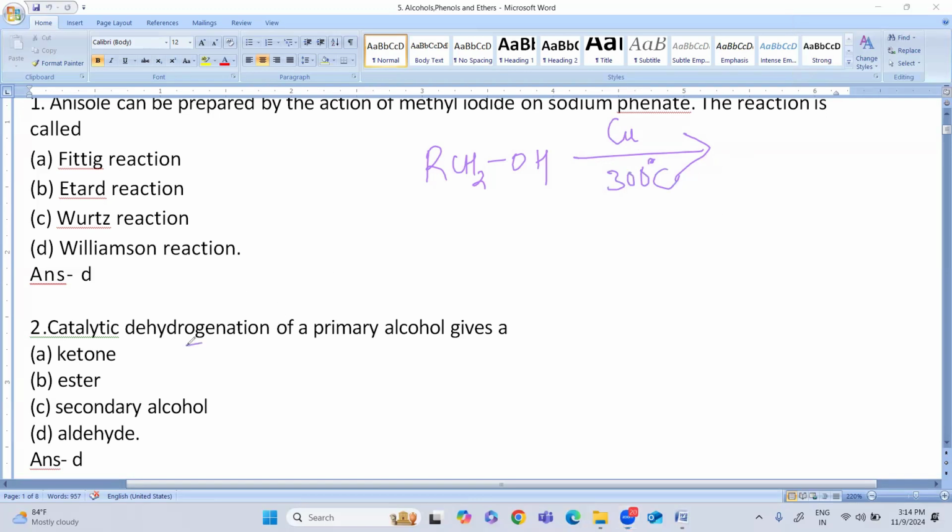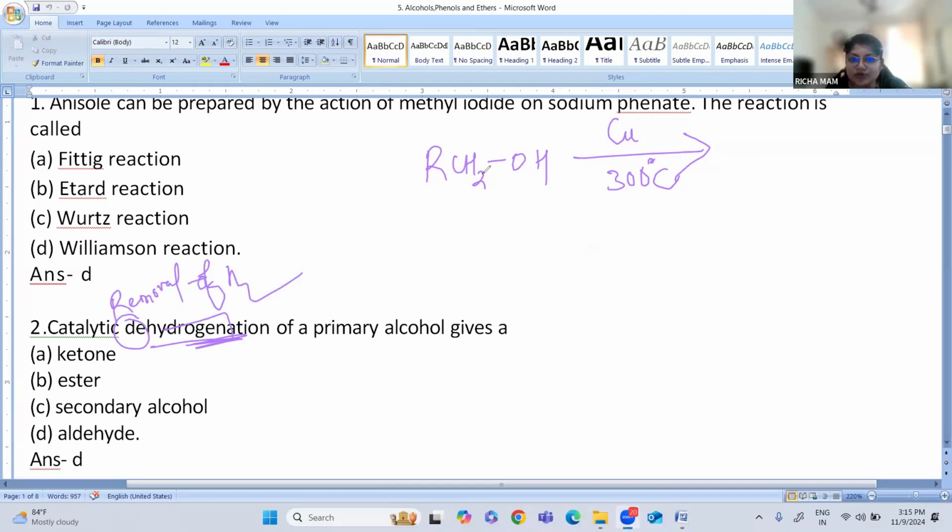What do you mean by dehydrogenation? De means removal, and hydrogen. So removal of hydrogen. If I remove one hydrogen from here, one from here, and one from here, what am I going to get?